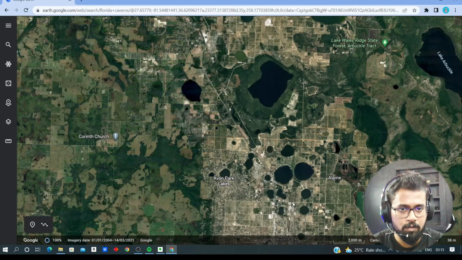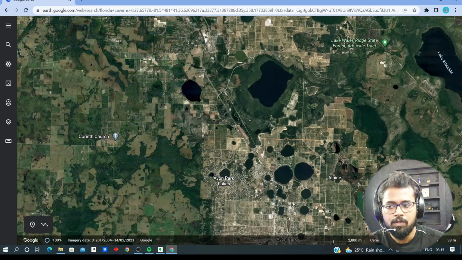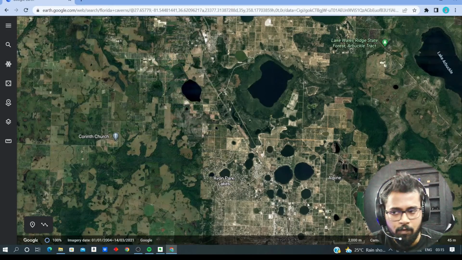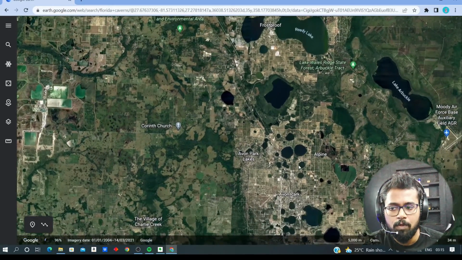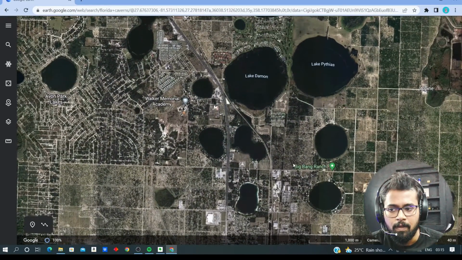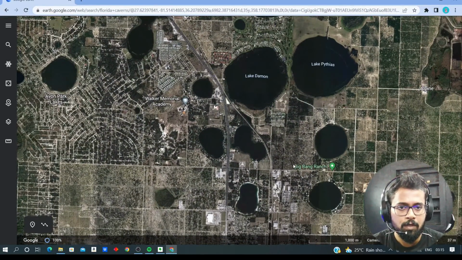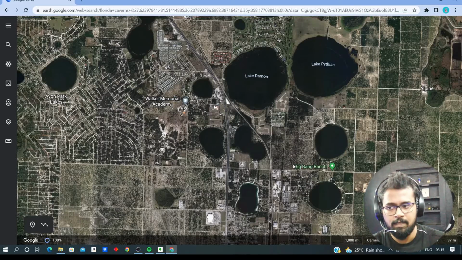These are carbonate rocks. So in the mid portion of Florida you will be able to see limestone topography or limestone landforms or karst landforms, KARST.